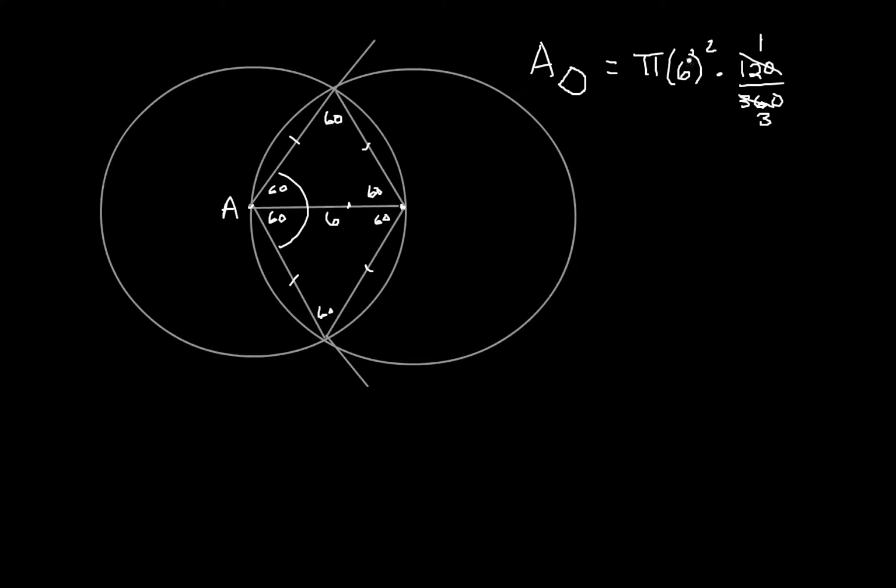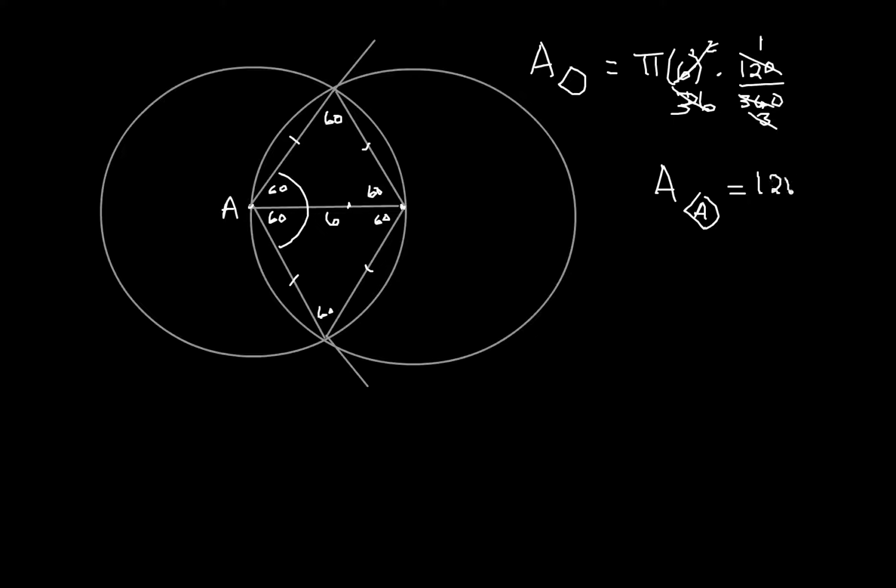And that's going to be 36 right here. Having writing problems all of a sudden. 36, so the 3 is going to go into 36, and so the area of this sector from point A, so we'll call that sector A, is going to equal 12 pi.